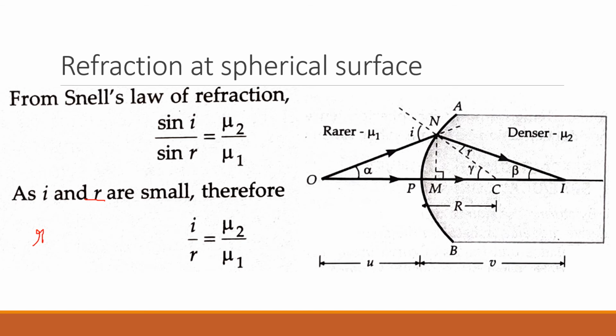If R, your angle of refraction, is small, then R is approximately equal to sine R, so instead of sine R, I can simply write R. So I can write I by R equals mu2 by mu1, where I is the angle of incidence, R is the angle of refraction, mu2 is the refractive index of the denser medium, and mu1 is the refractive index of the rare medium.